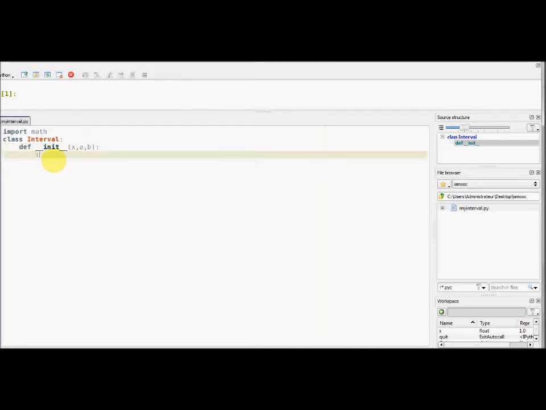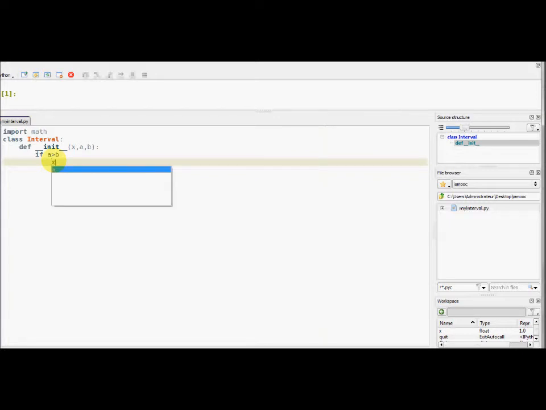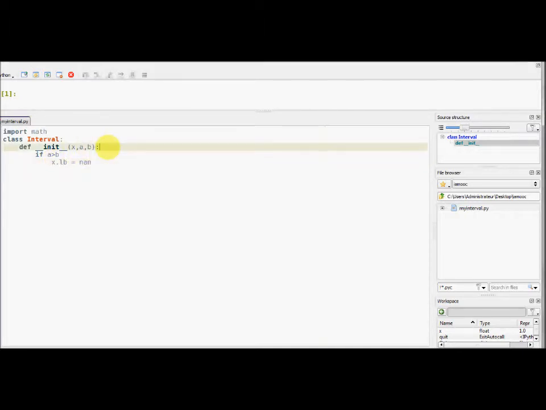So if a greater than b, then x dot lower bound will be equal to not a number, because in this case a should be smaller than b, since it corresponds to the interval ab.